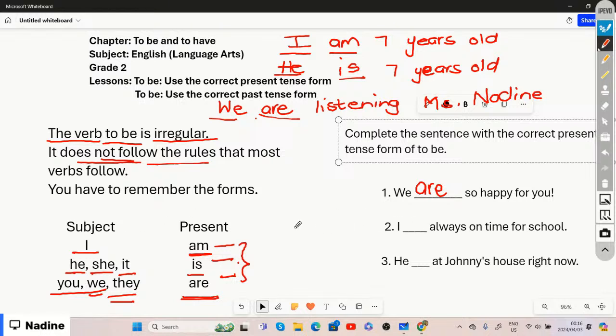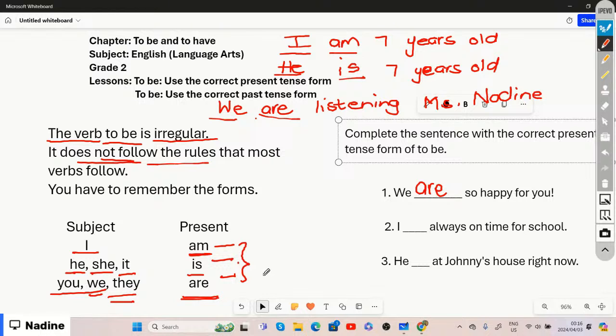It says I. Do we say I am always on time for school? Do we say I is always on time for school, or I are always on time for school? We need to choose the correct present tense verb.